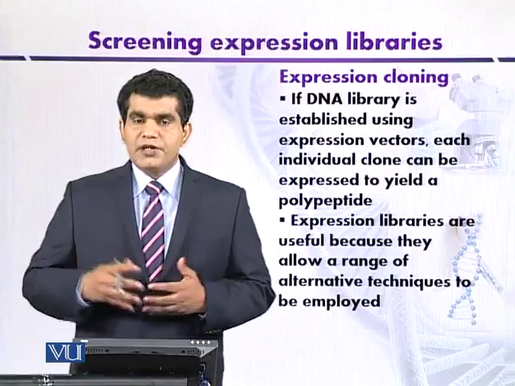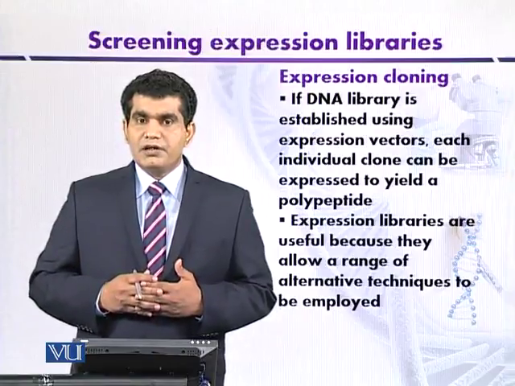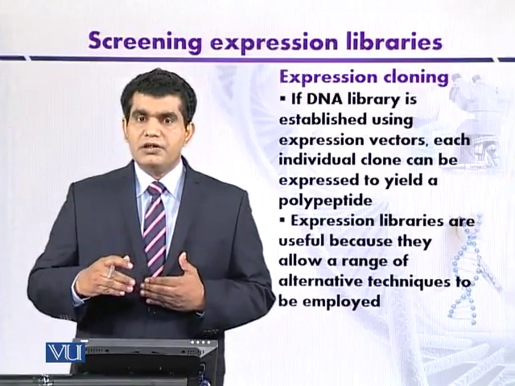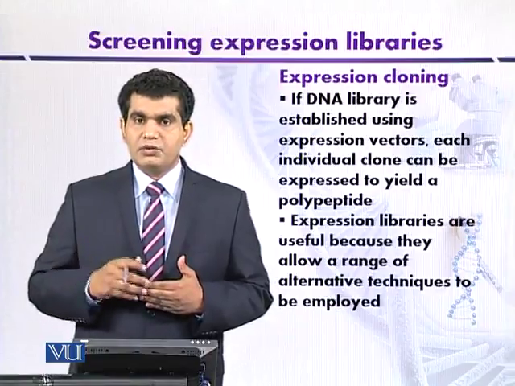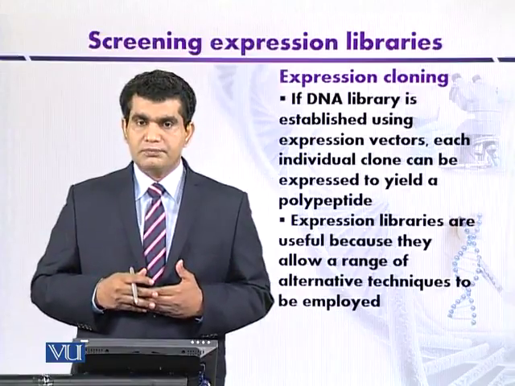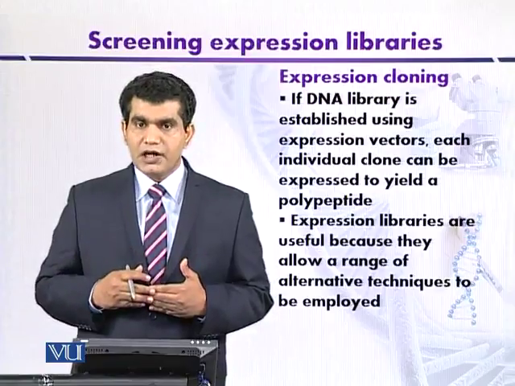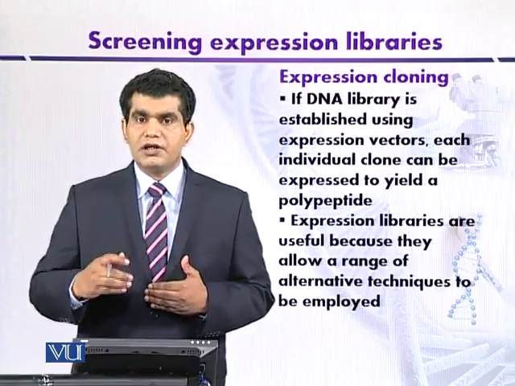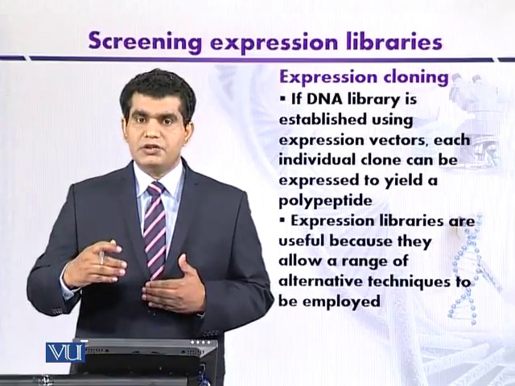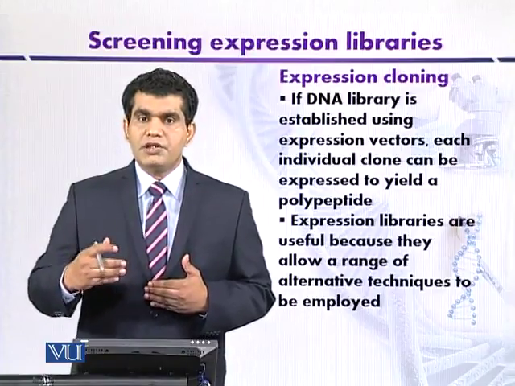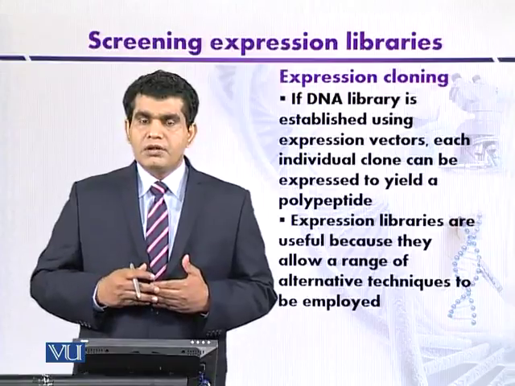So in case of expression vectors, the main target is to regulate the transcription level. So the control is transcriptional, so that we can produce high quantities of messenger RNA that will later be translated into functional protein product.